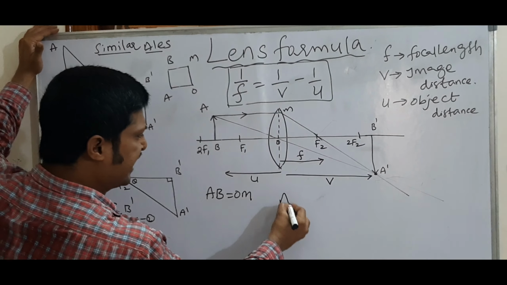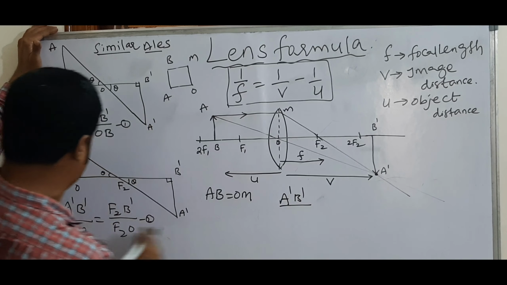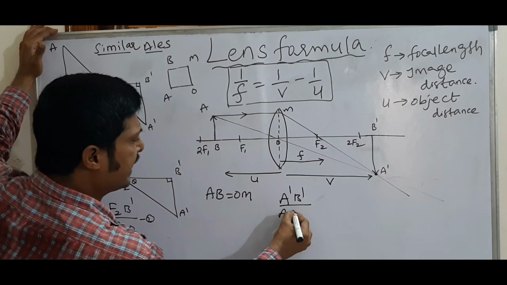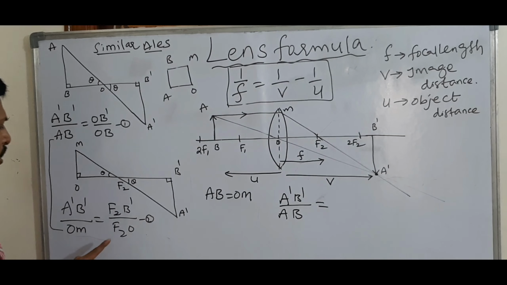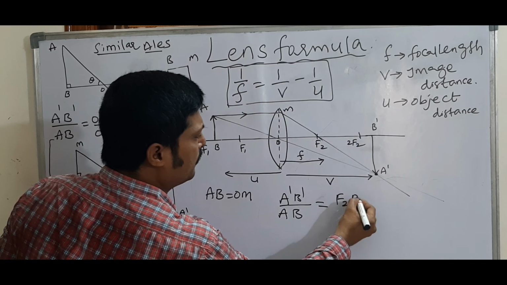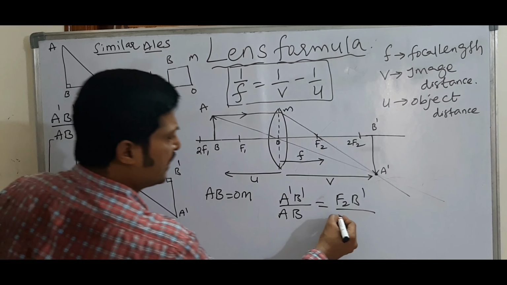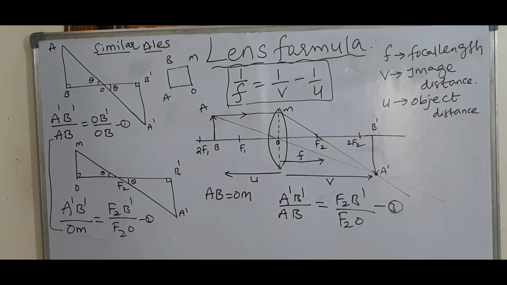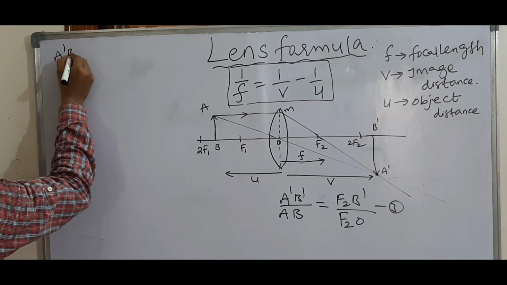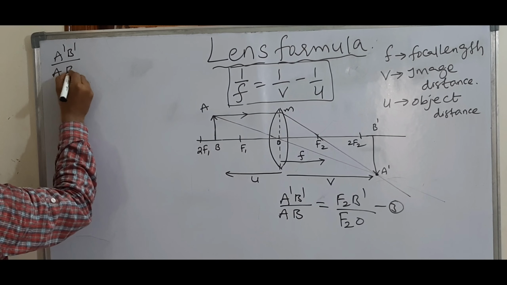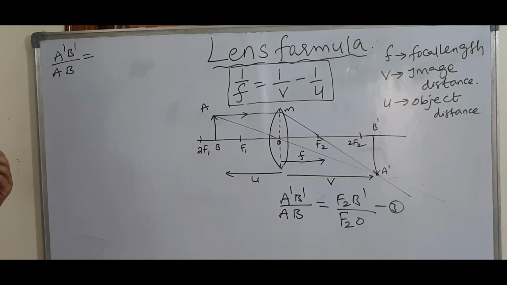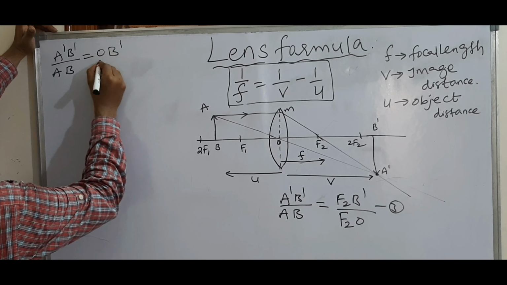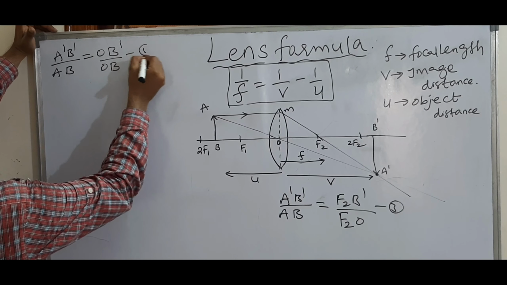Then this expression, A dash B dash by, in the place of OM write AB, is equal to F2 B dash by F2O. This is equation 2. And A dash B dash by AB is equal to OB dash by OB. This is equation 1.